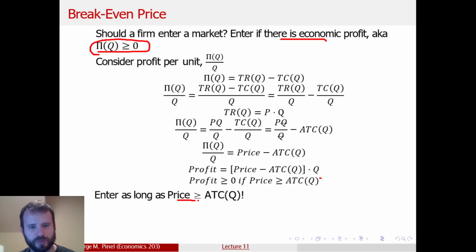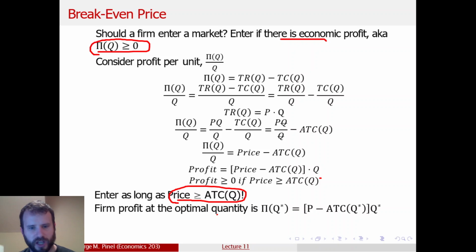So you're going to enter as long as price is greater than average total cost. When price is less than average total cost, you're not going to enter. And when price is equal to average total cost, that's your long run break-even price where you make normal profit.